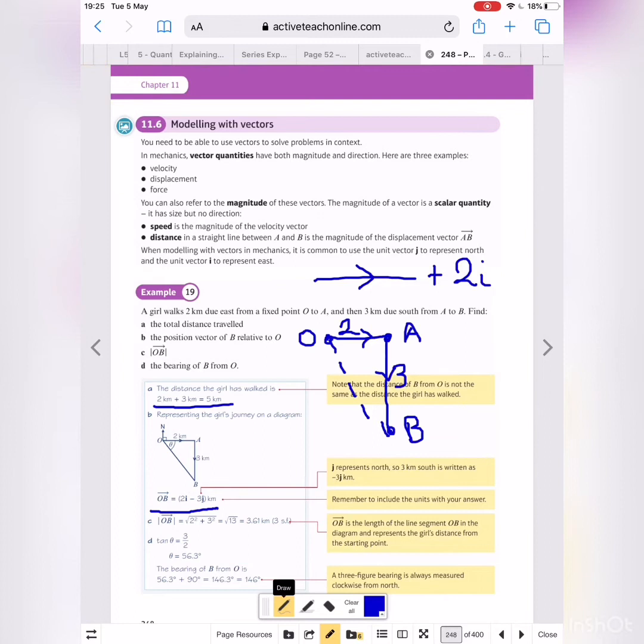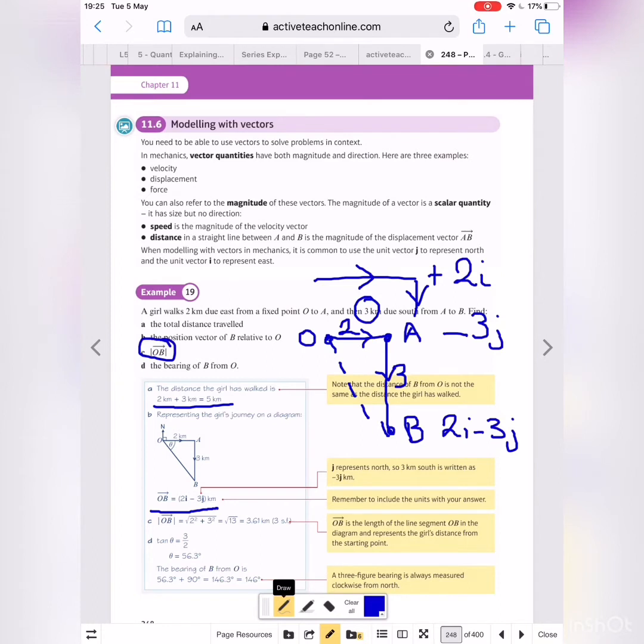And then when we were moving down, it becomes a negative J, so it's going to be negative 3J. So when we put those together, we get 2I minus 3J.